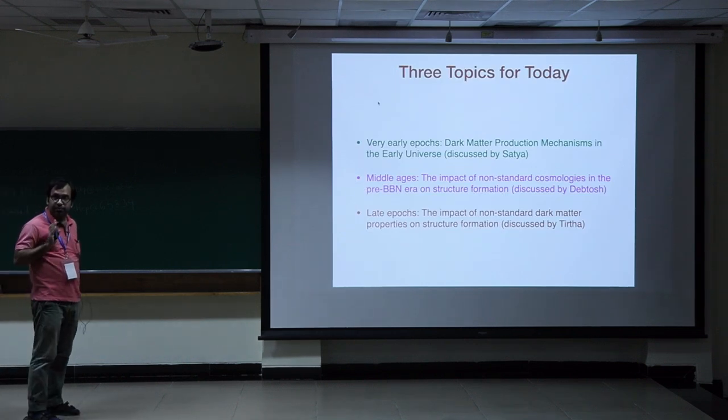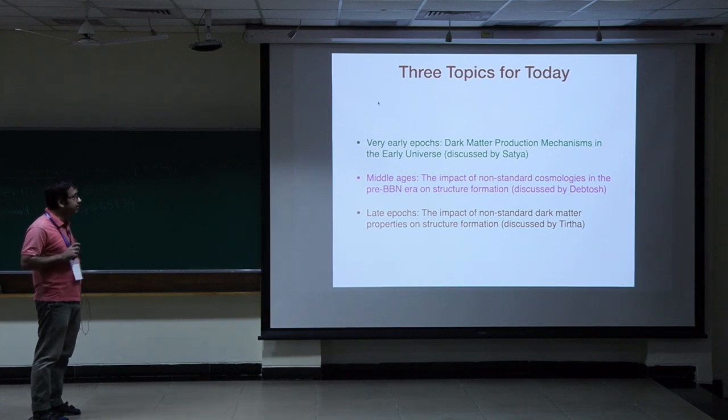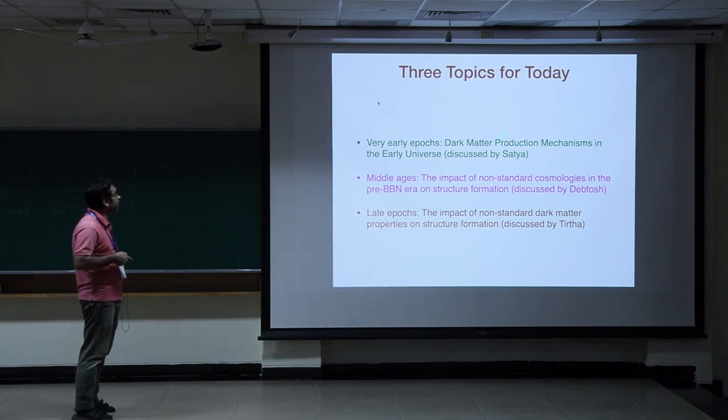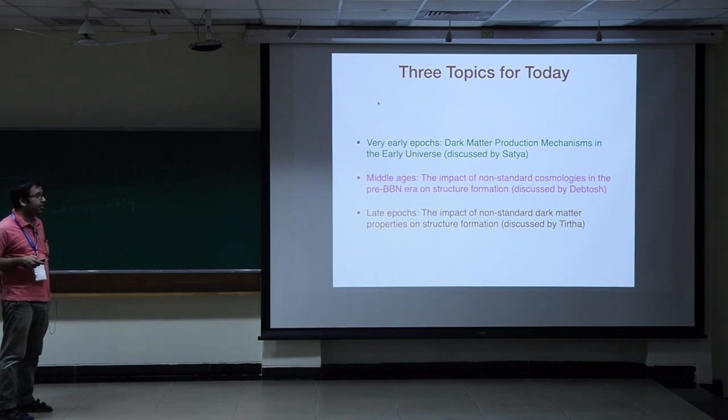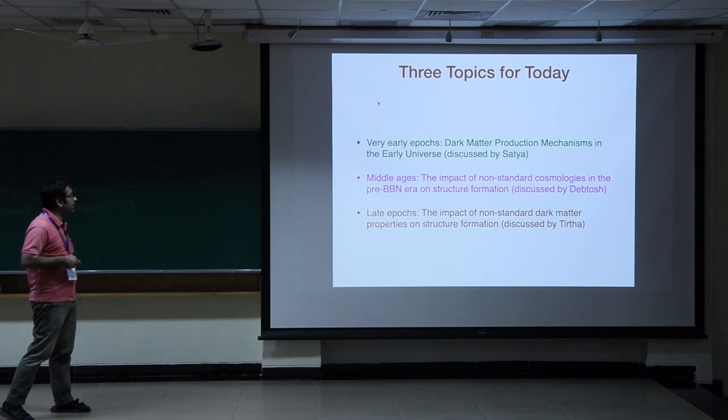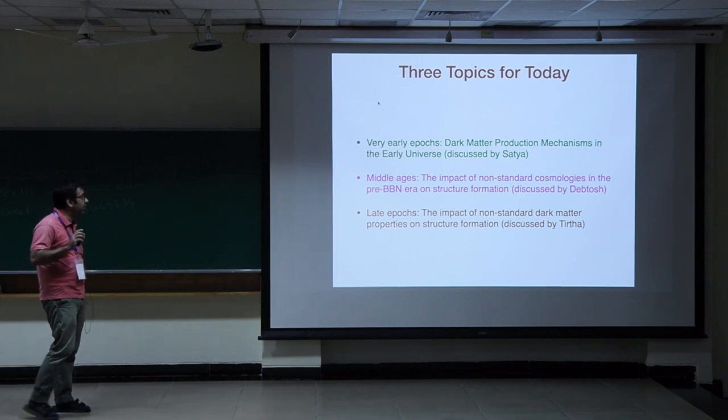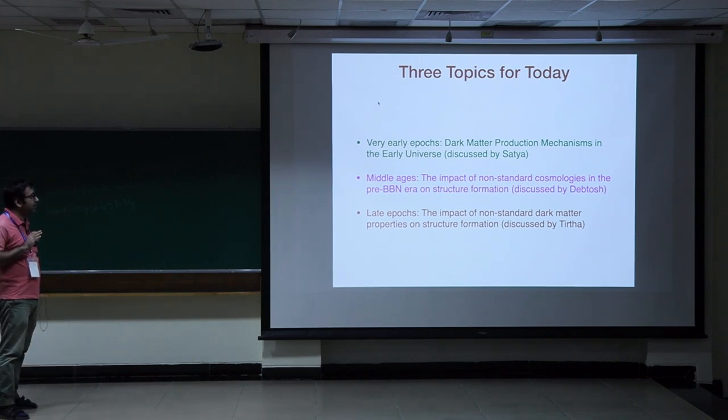With that broad overview in mind, we shall discuss today three topics. I shall talk about the very early epochs and some production mechanisms of dark matter in the early universe. Then Debtosh will talk about the kind of Middle Ages. He will discuss the impact of non-standard cosmologies.